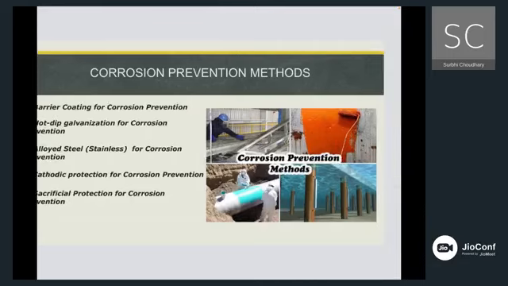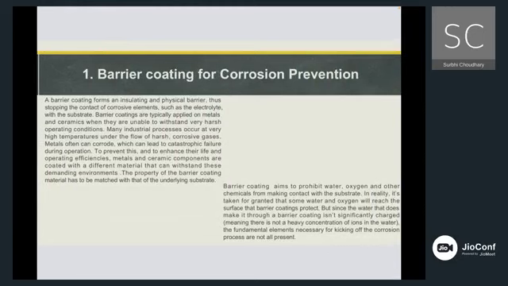Now we take all these things one by one. Barrier coating method for corrosion prevention. Here we talk about when we want to protect a certain metal from corrosion, we cover that particular metal surface with a barrier coating.